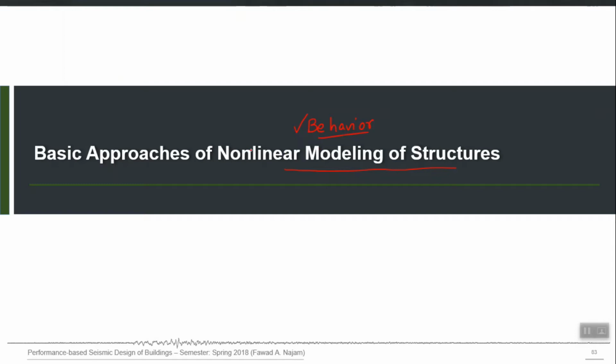The word nonlinearity simply means that the behavior between any action and corresponding deformation is no more linear now, which means that the deformation is no more increasing in the same proportion with applied action, right? So when it is no more increasing or decreasing with a linear relationship, we call it a nonlinear behavior, right?